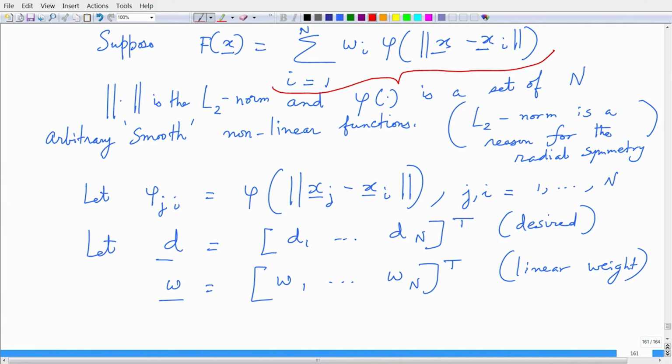We assume that these nonlinear functions are smooth, and we look at the Euclidean norm between the data point and some chosen centers xi, and that is how we set this problem up. We have a linear combination of these, and our interest is to solve for the weights whose coordinates are wi, i equals 1 to n.